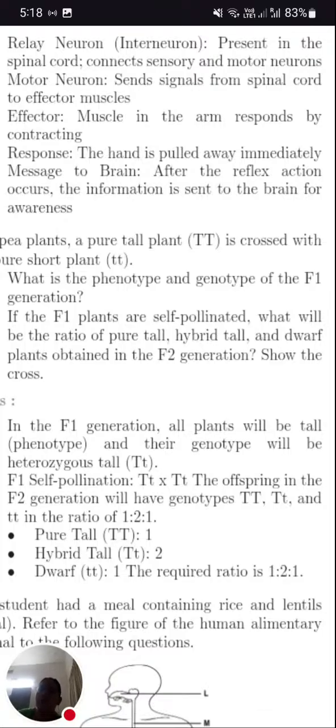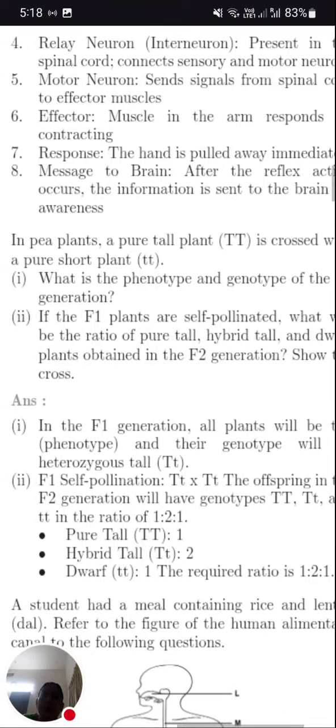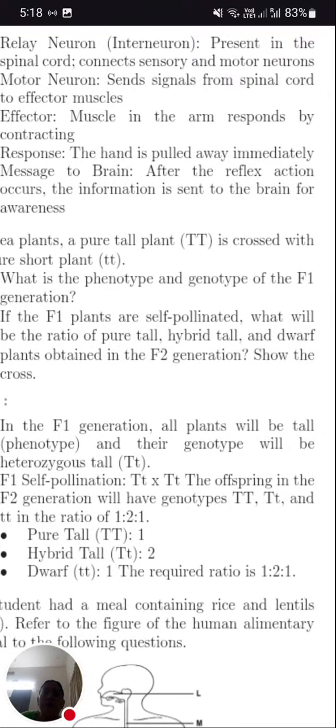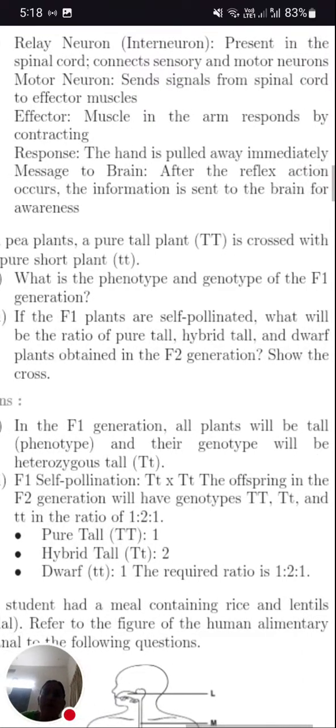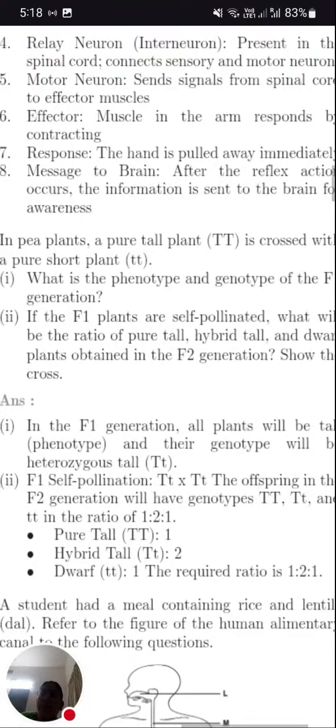One is tall and one is dwarf. Capital T and small t is there. So F1 self-pollination, when it is crossed between hybrid offsprings, F2 generation will have the genotype 1 completely tall, 2 hybrid tall, that is capital T and small t, and 1 small t small t, that is completely dwarf.